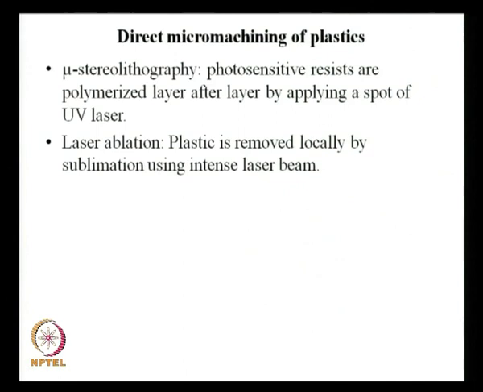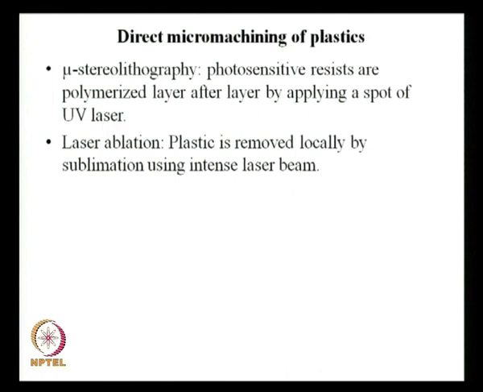So, you have this polymer layer, and you are putting the laser light in selected places where you want the solid to build up. You have a mask on top, so that light will go only through the portions where you want it, and those portions of polymer get solidified. One layer develops, then another layer, then another layer, and it continues to grow. When it is all grown, in between two layers there is the channel that you want. So, it is a completely different type of approach.